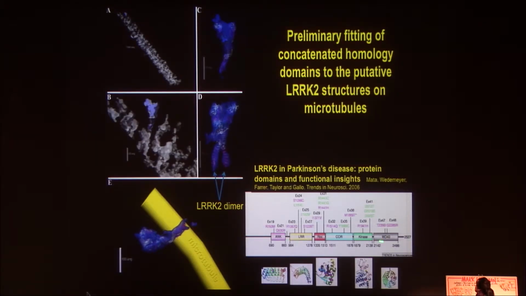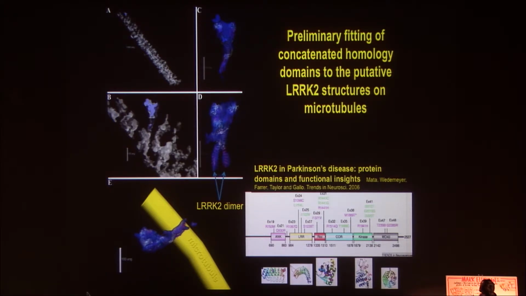But the protein domains have been solved. So it has a ROC domain, a WD-40 domain. You can take those structures from the PDB, you can make a pseudostructure out of them, even though this molecule we're interested in itself hasn't been solved, and ask if you dimerize it, which is the way it's thought from biochemistry to occur, how does it fit into those side arms that you see from this kind of tomography, and it fits perfectly.